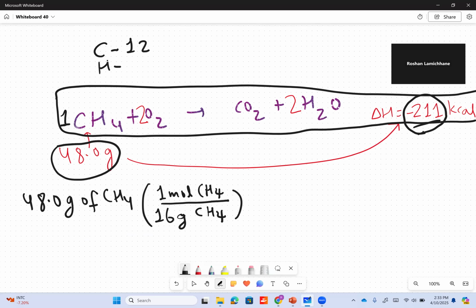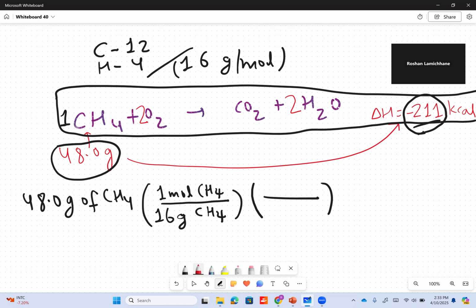Hydrogen is 1. 1 times 4 is 4. 12 plus 4 gives me 16 grams per mole as the molar mass. So I use this conversion factor. So I converted grams of CH4 to moles of CH4.